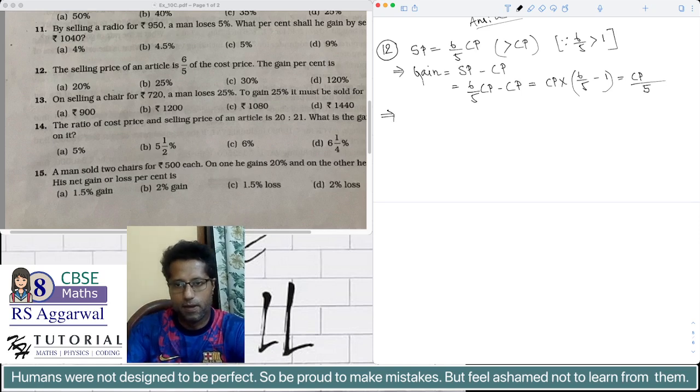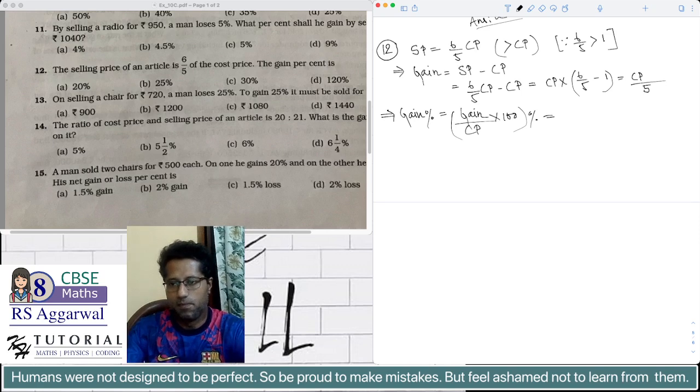So we have to find gain percentage. Gain percentage will be equal to gain divided by CP multiplied by 100, this much percentage. Gain we know is CP by 5, and we have divided by CP multiplied by 100.